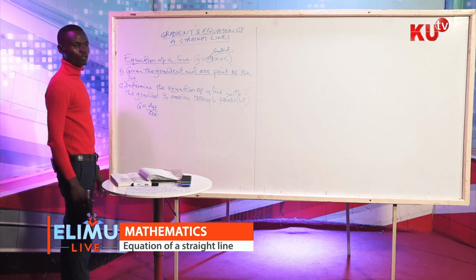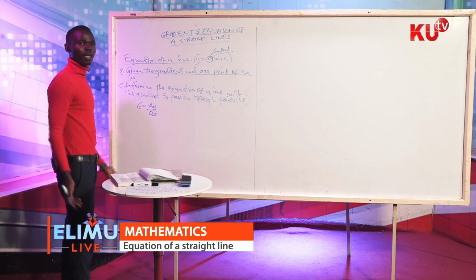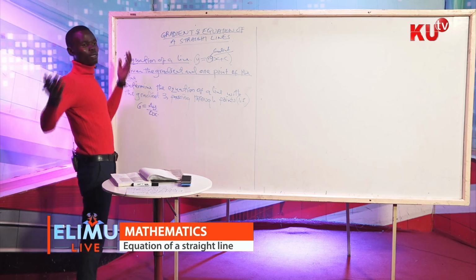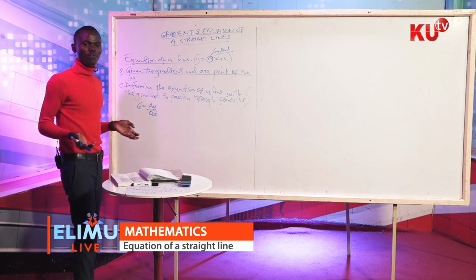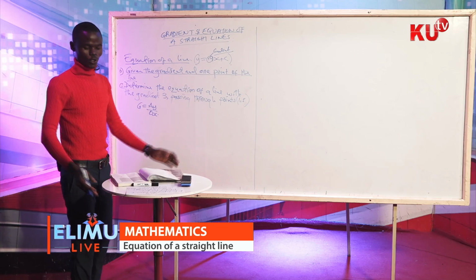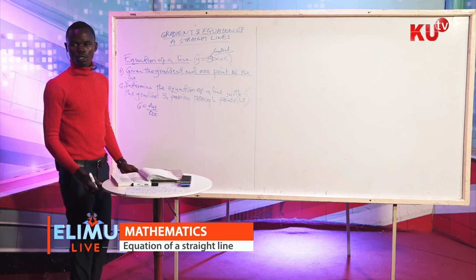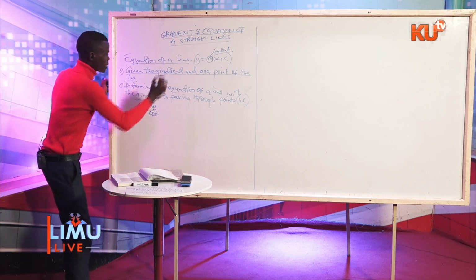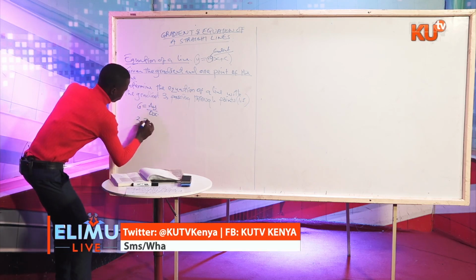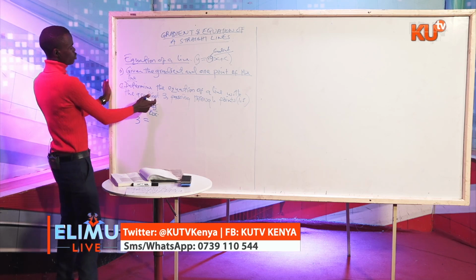So we choose an arbitrary point. And I told you that in mathematics it's sometimes simple. You have been given the opportunity to choose what you want to use. So we say gradient is 3, change in y over change in x.